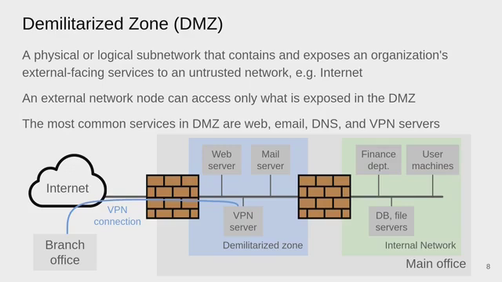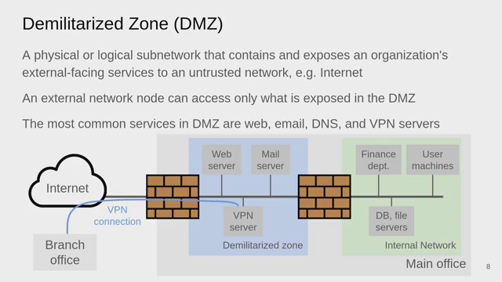Now, in the DMZ, you have things like the web server, the mail server, and the VPN server, and some of these servers are then allowed to punch through. For example, the VPN server may be allowed to access some kind of internal services, such as services by the finance department or whatnot.